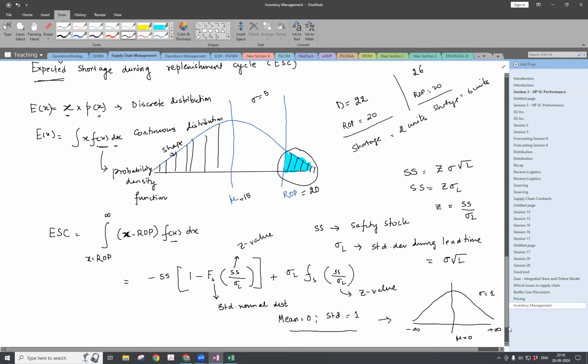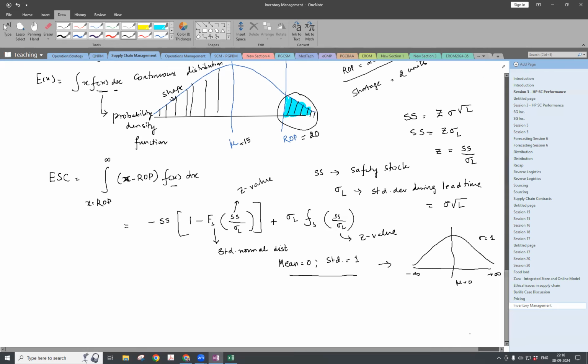Now, the good thing is this can also be represented in Excel. Once we have your safety stock, we can represent this as 1 minus NORM.S.DIST, with the corresponding Z value, whatever the Z value is. And this capital F is what we refer to as the cumulative distribution function.